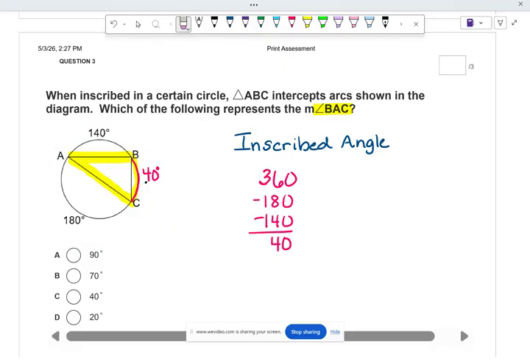So we're going to take that arc in to inscribe it at angle BAC. Remember, A is the middle letter. When you inscribe, you cut it in half. 40 cut in half is 20. So the measure of angle BAC is 20 degrees.